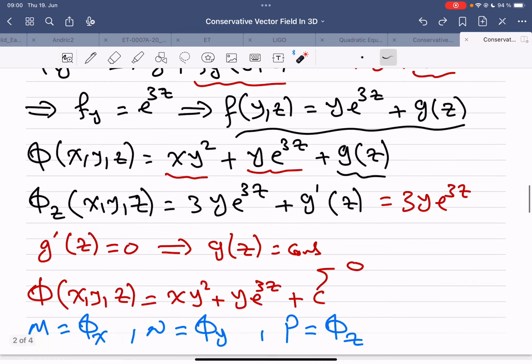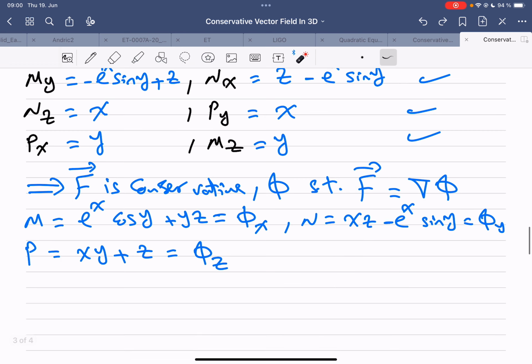So you can start from any of those three terms. Let's start, for example, from phi z.